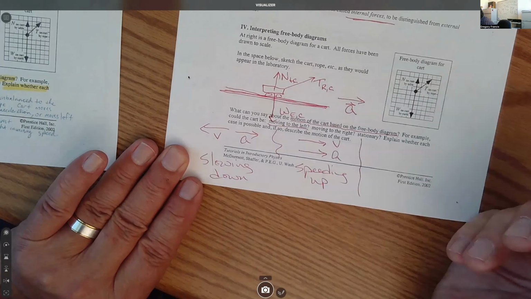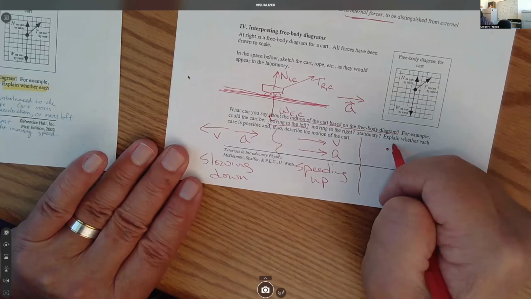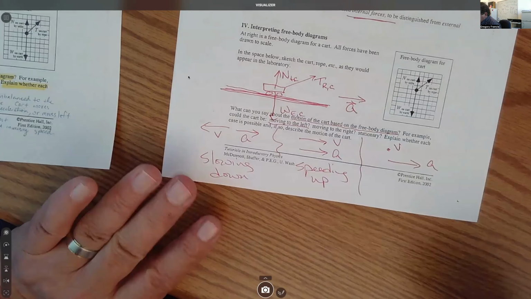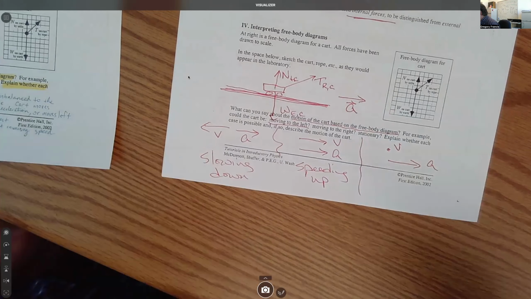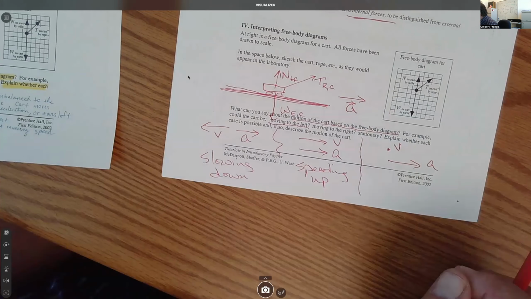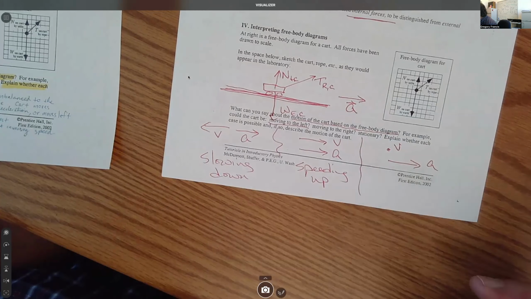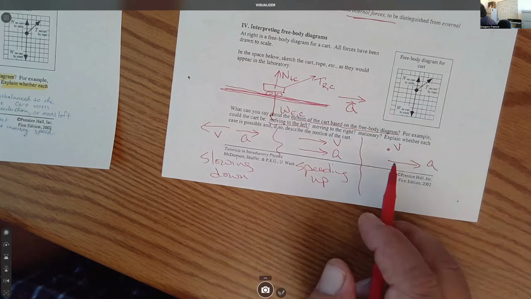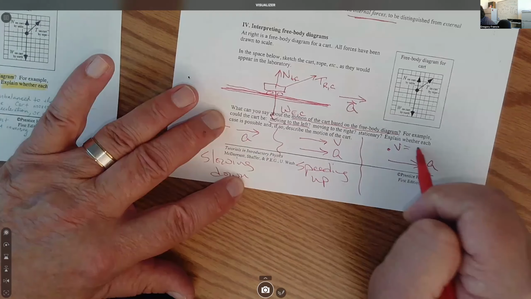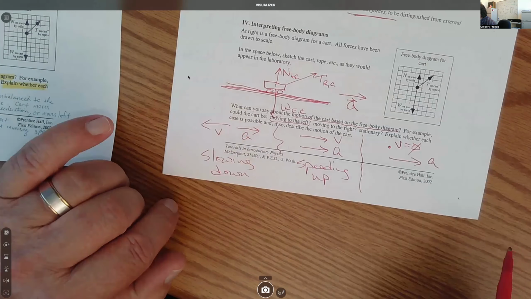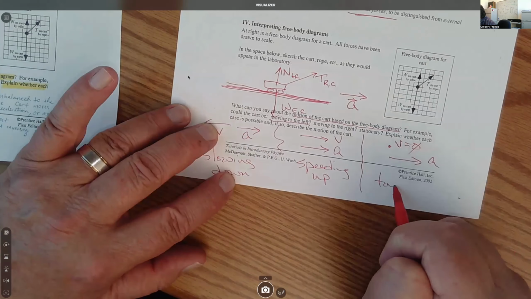Could it be stationary? Yeah. For example, at a turnaround point, if this thing were moving to the left, slowing down, and then right at the instant where it turned around to go the other way, speeding up, right at that turnaround point, I would have 0 velocity, but I would still have an acceleration at that turnaround point. So that would be a turnaround.